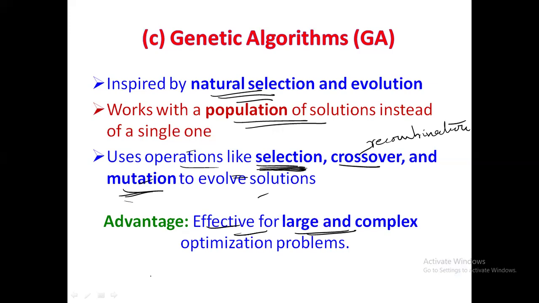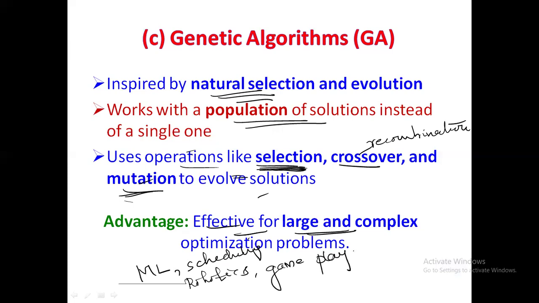They have been successfully applied in machine learning, scheduling, robotics, game playing, and engineering design (ED). However, their performance depends on factors like population size, mutation rate, and selection strategy, which must be carefully tuned for optimal results.